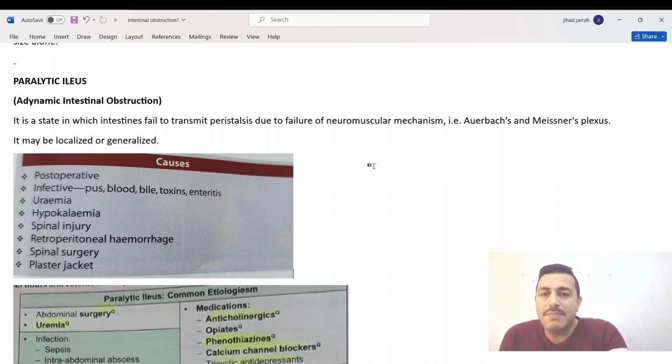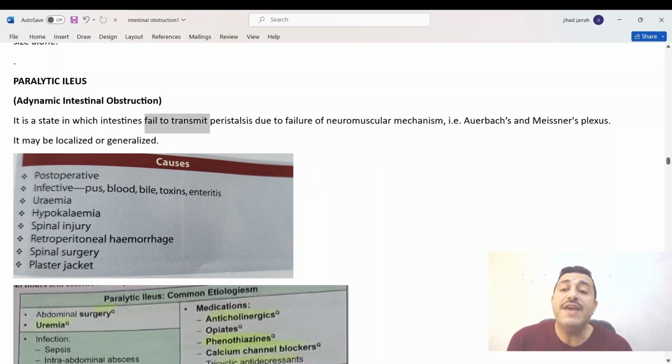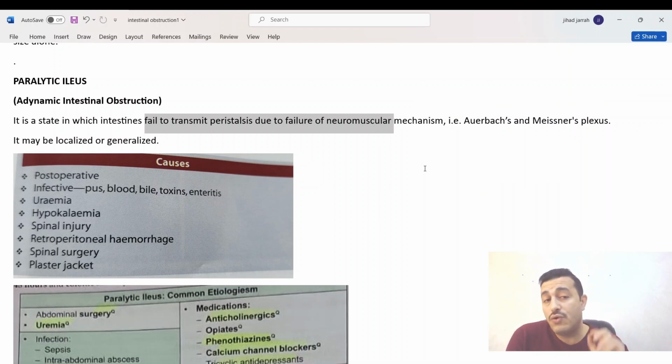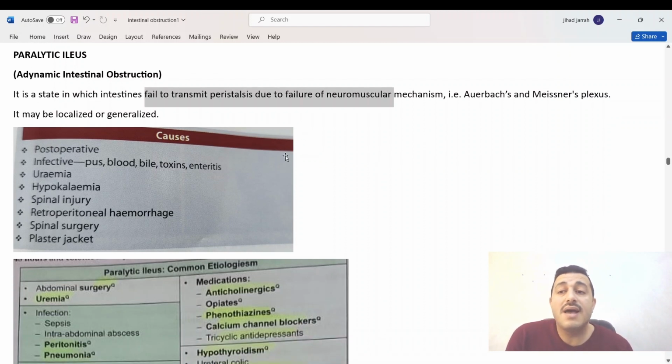We will discuss the pathophysiology. As simple information, it's due to failure of transmission of peristalsis due to failure of the neuromuscular mechanism. We know that the neuromuscular mechanism is due to Auerbach or myenteric plexus, which is present in the wall of the intestine. The paralytic ileus can be localized or generalized.